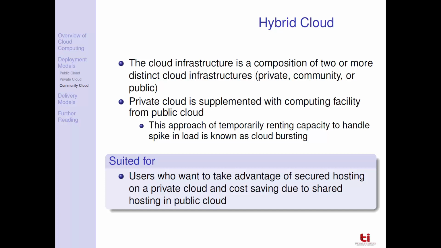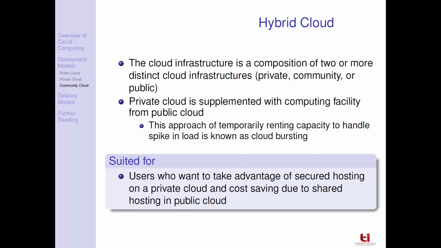Now, this organization, let us say, develops an application which they need to put up for testing. That means they need to give access to this application to a large number of users. So what they can do is temporarily rent some resources from a public cloud.